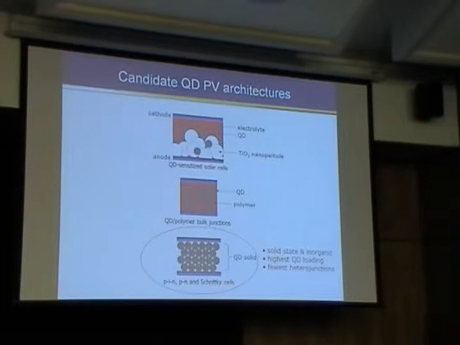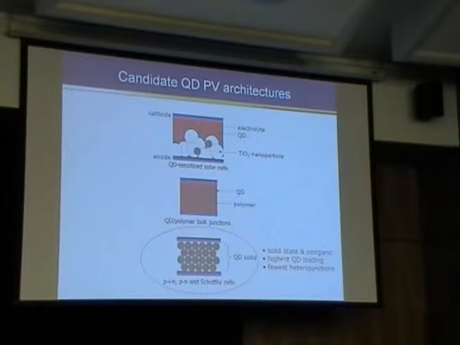It was really for a number of reasons. When I was at NREL, we were trying to make a device platform that would show MEG photocurrent, something that would produce a lot of photocurrent. And this kind of device popped out at us because of its simplicity in principle. It's all solid state and it's all inorganic, and so that had advantages for us. This is a device that has the highest quantum dot loading compared to these other two.